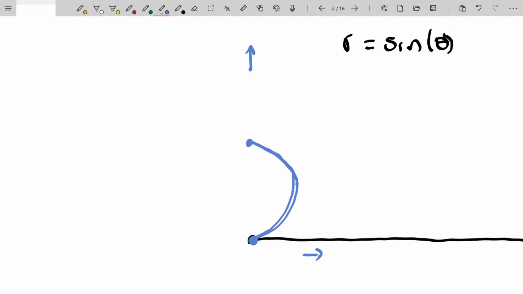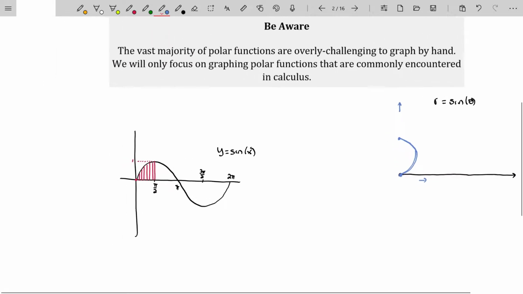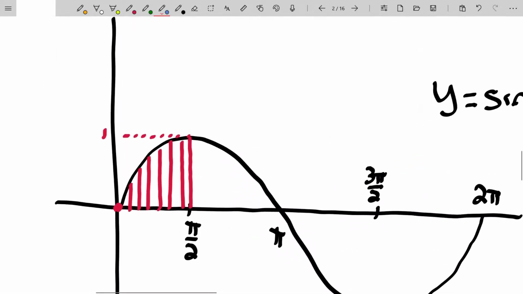Again, as you're turning, you're throwing rocks in front of you. You can kind of think of it that way. The distances increase until they're 1 foot away from you or something like that. Then as you continue to turn past the angle of pi over 2, now you're throwing rocks closer and closer to you, until when you face an angle of pi, you're just dropping a rock at your feet.